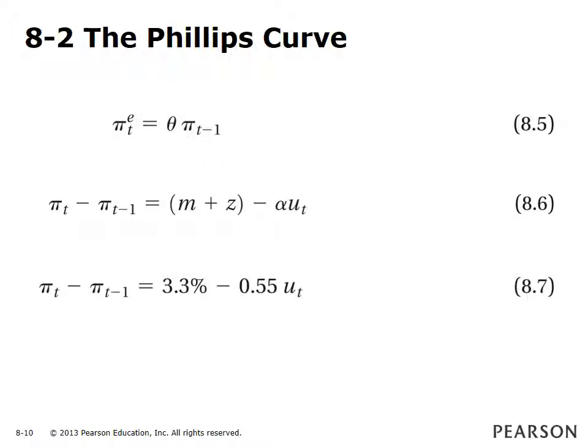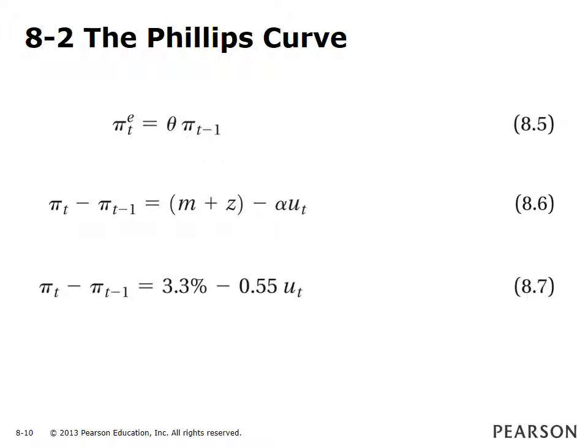The value of the parameter theta captures the effect of last year's inflation rate pi_t-1 on this year's expected inflation rate pi^e_t. The higher the value of theta, the more last year's inflation leads workers and firms to revise their expectations of what inflation will be this year, and so the higher the expected inflation rate is.